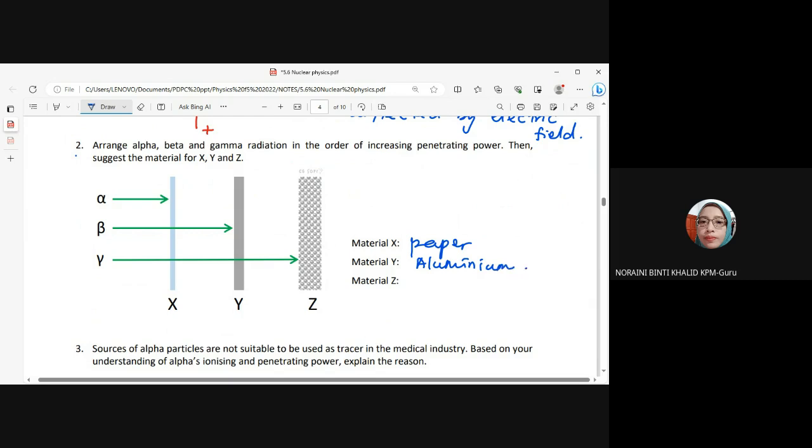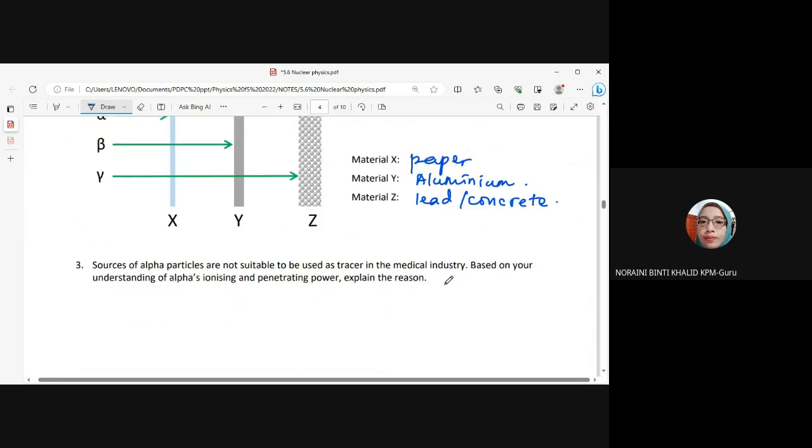And then this one is lead atau concrete lah.